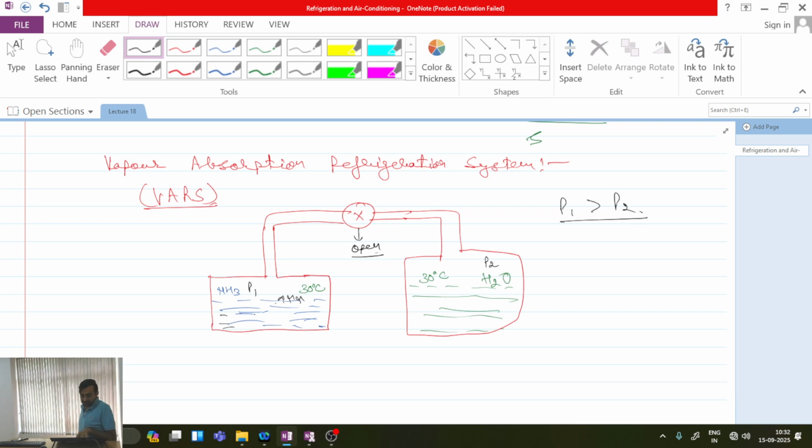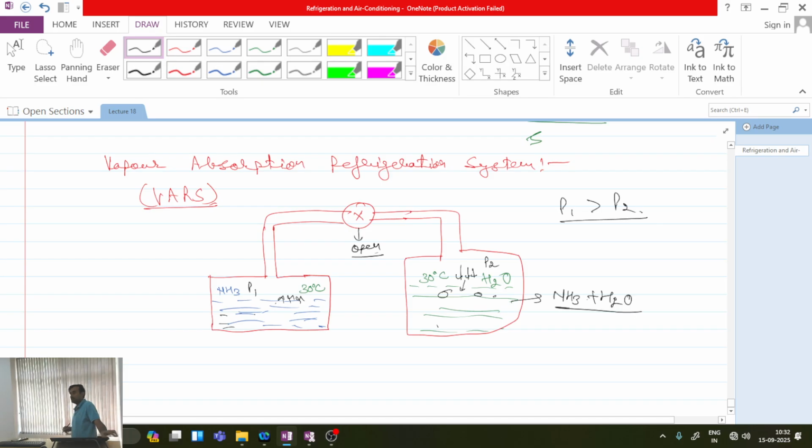But if we see the properties of ammonia and water, water has a good tendency for solubility of ammonia. So it means ammonia can easily mix in the water. Is this point clear? So what will be happening? Whatever ammonia vapors are coming over here, these ammonia vapors will be condensing in the chamber, and these will mix with the water to form a mixture of ammonia plus water.